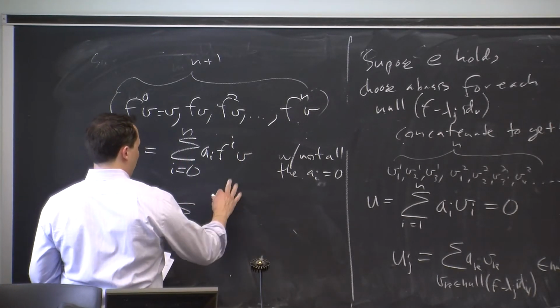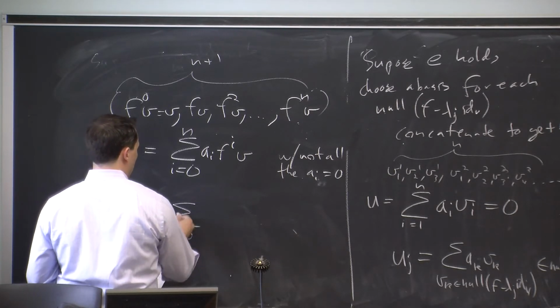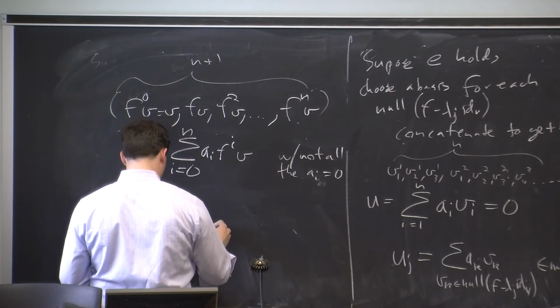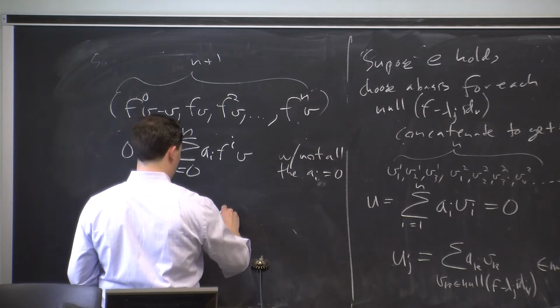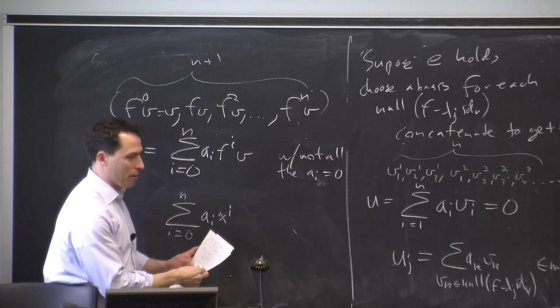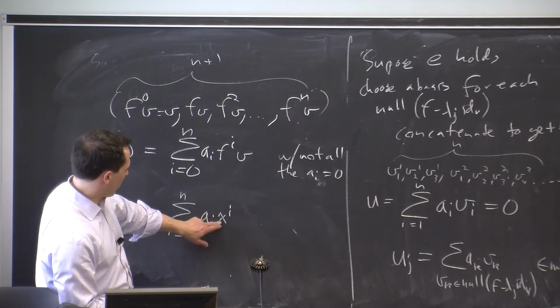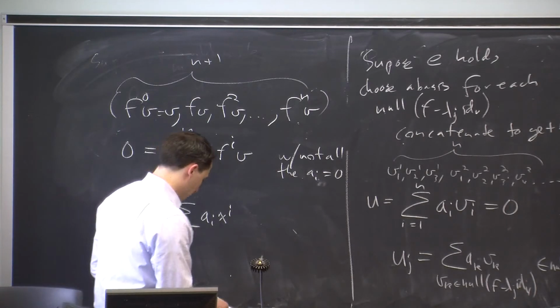So forgetting about V and the fact that this is a linear operator, we argued already that there's an isomorphism between this ring and the ring of polynomials. So we can think for a moment about the polynomial which has the same coefficients, except it takes values in C instead of taking values as a linear operator.